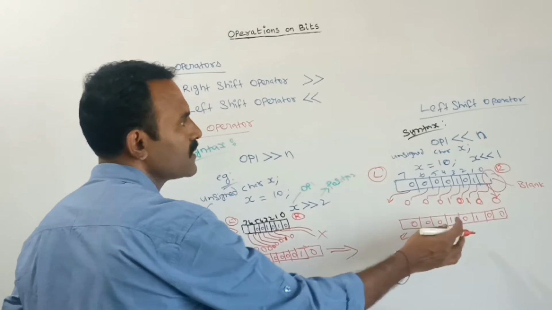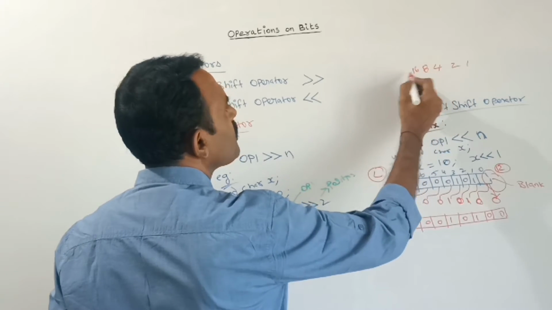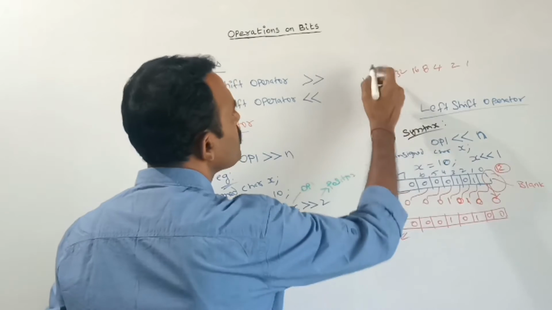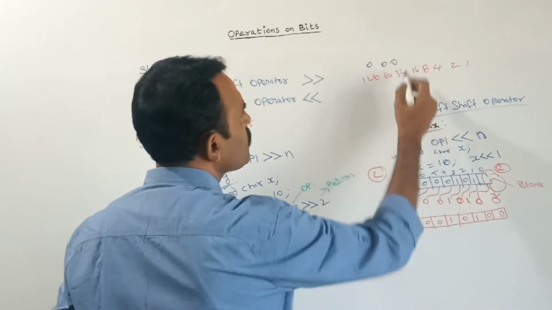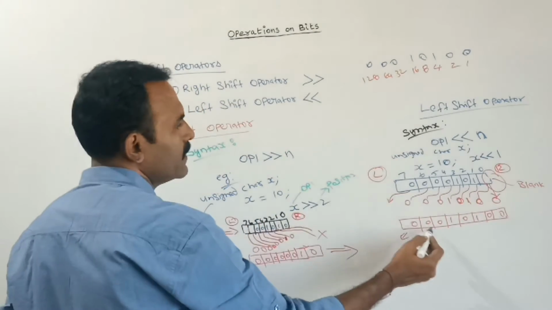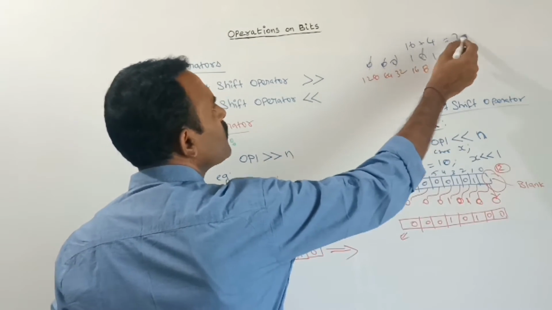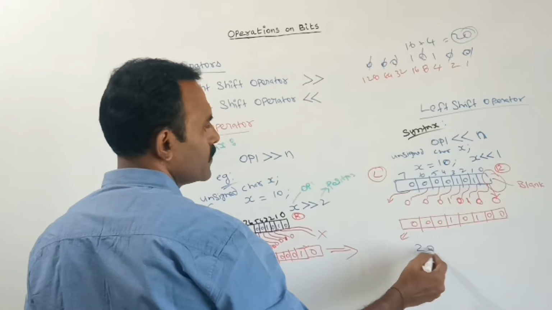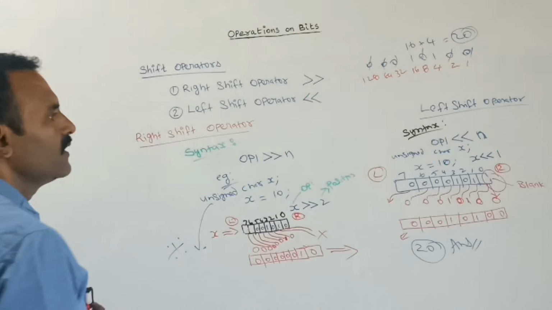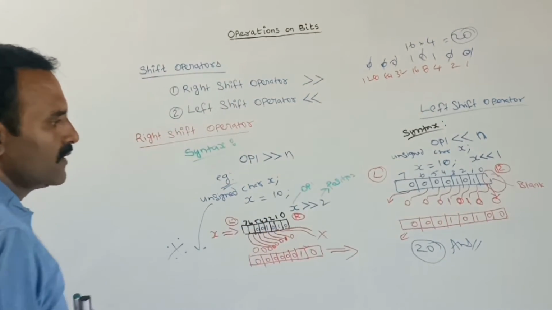This is the binary value, 0 0 0 1 0 1 0 0. Applying it here, 16 plus 4 is equal to 20. So the answer is 20. If you left shift 10 with 1, then we get the answer 20.